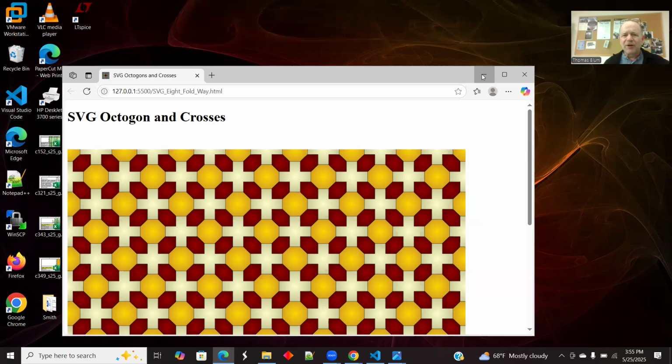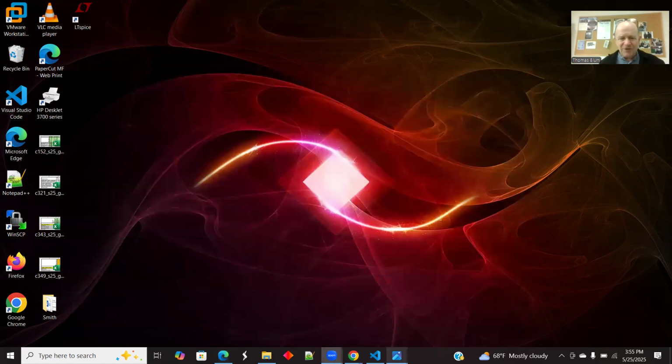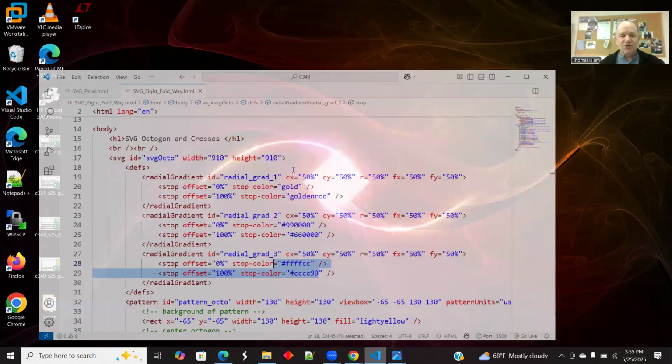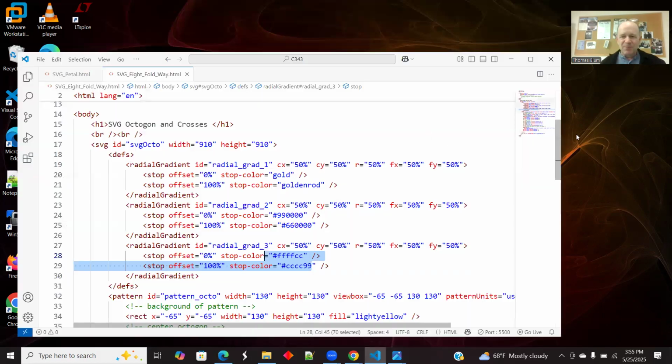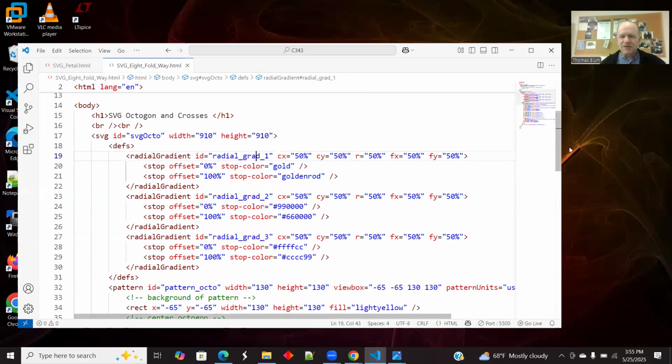If I were smarter, I could probably get away with half crosses, but I just wasn't that smart. So I made a full cross as part of my pattern. If a part goes outside the pattern, like half those crosses, it's just ignored. Again, in my defs I have 3 radial gradients with IDs, so I can refer to them and use them as fills.